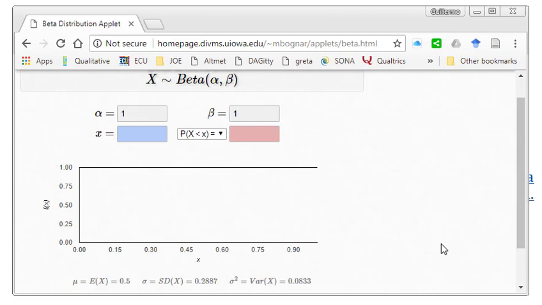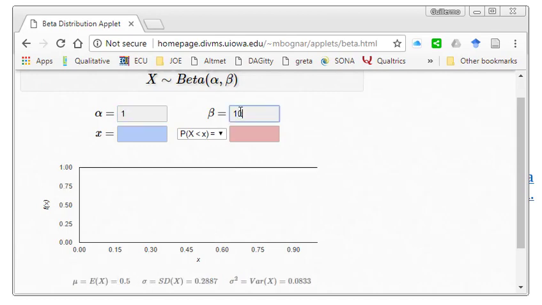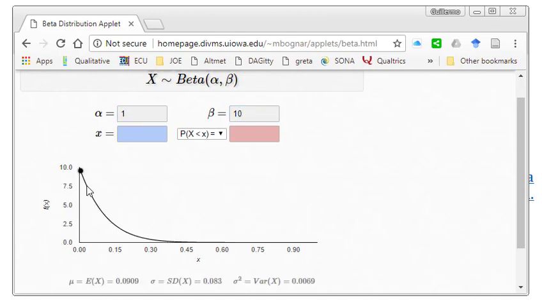That's a density that is very common in Bayesian statistics when we want a uniform distribution. Now if we add a 0 here, we've got this. If we do the other way around, we get the opposite. We've got values close to 0 being more likely.